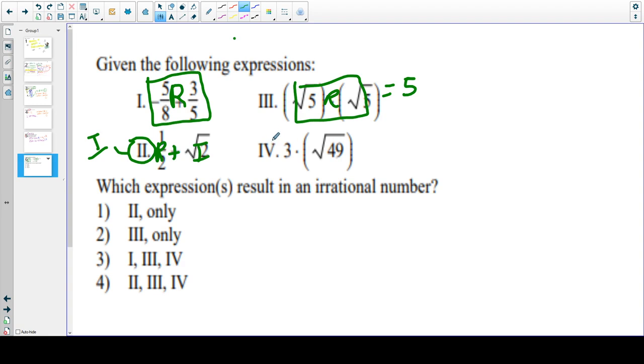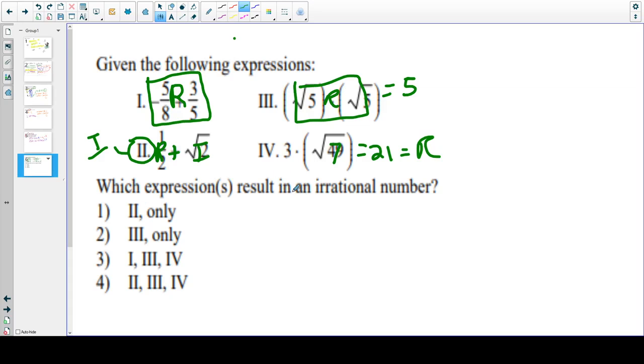And this one, you might say to yourself, oh, there's another square root, but remember, you have to check if this square root is a perfect square. And if you don't know, use your calculator. The square root of 49 is 7. 7 times 3 is 21, which means that this one is a rational number.